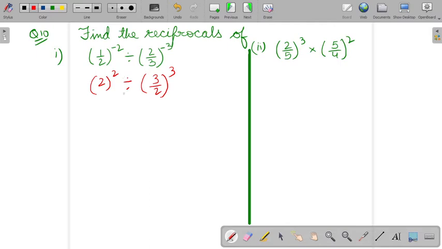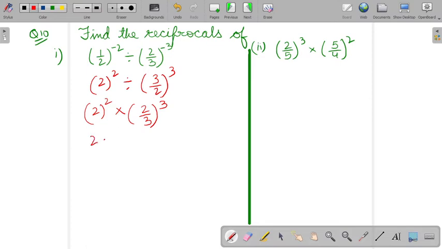Now we will change this division sign into multiplication. While doing the multiplication sign, the next base will be interchanged. It will become reciprocal. So it will become 2 by 3.